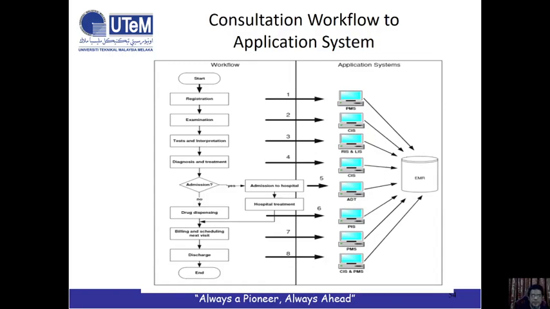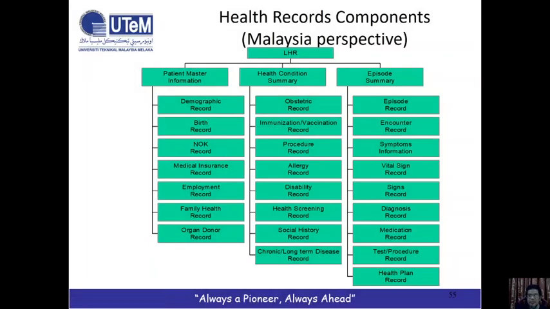So from this process, we can categorize the health record component into three big components. So this is a Malaysia perspective. You can create your own version of the health record component based on your analysis.